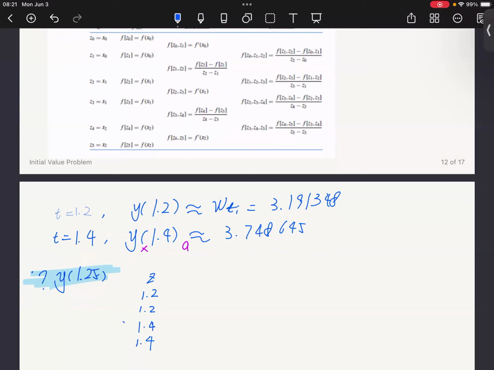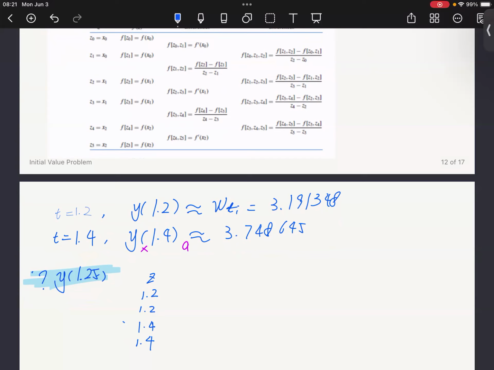And for the values evaluated at that point, instead of the exact value, we replace it with the approximations value. So the second column should be the approximations value because we don't know the true solution. So here we have the approximation y1 at 1.2, the approximation is this value.